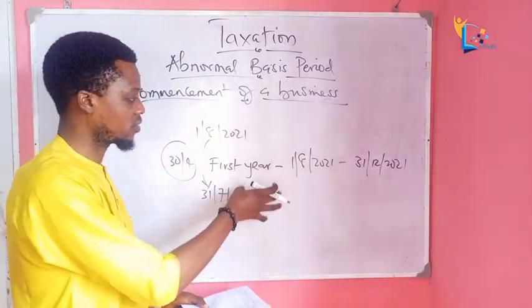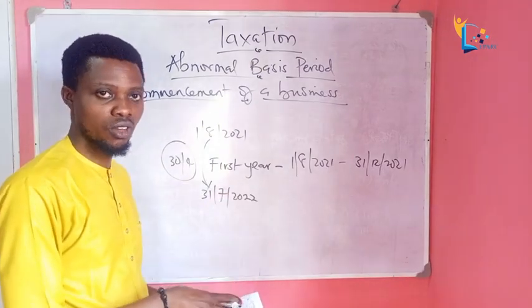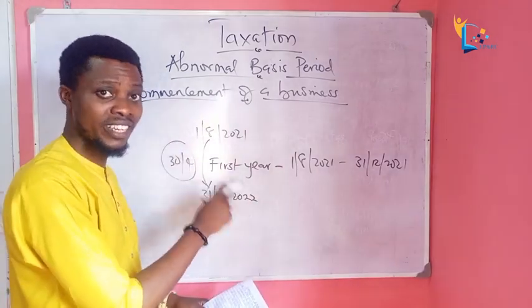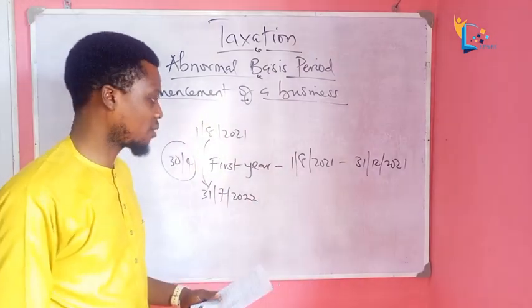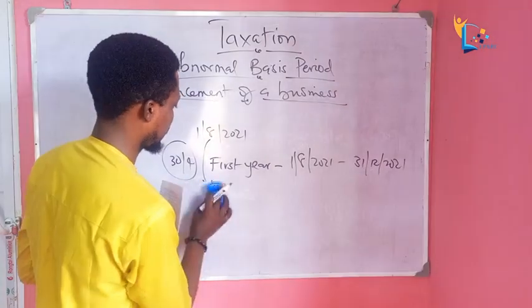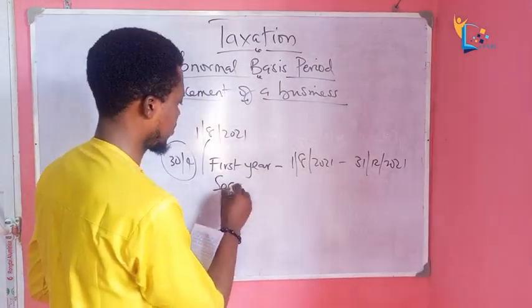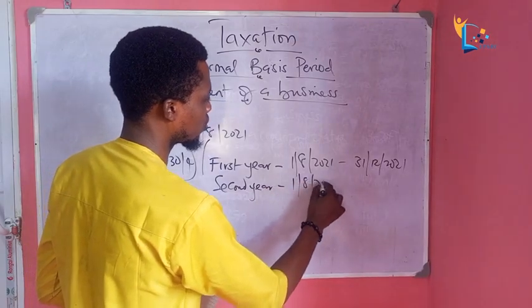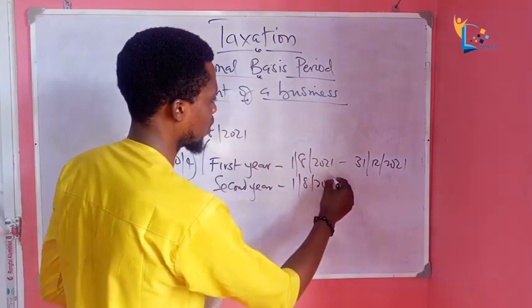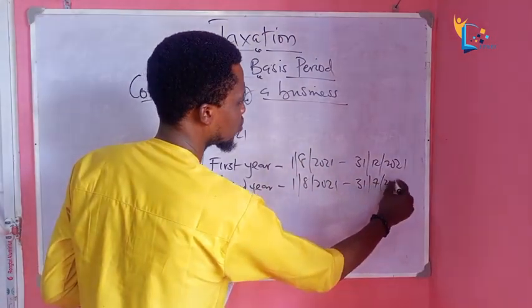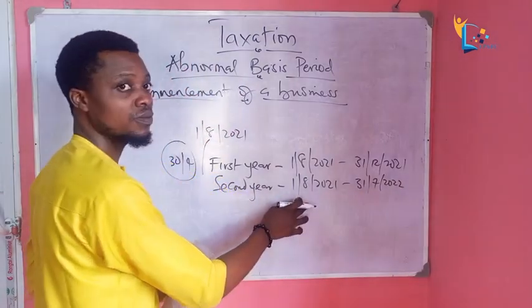So the second year here will be 1st of August 2021 to 31st July 2022. This is 12 months.